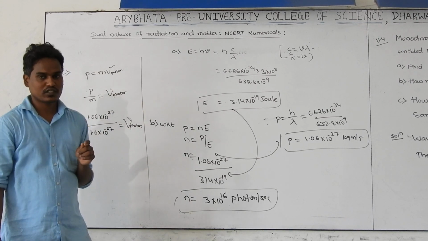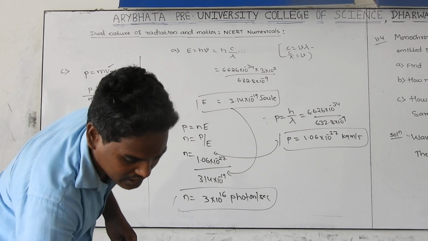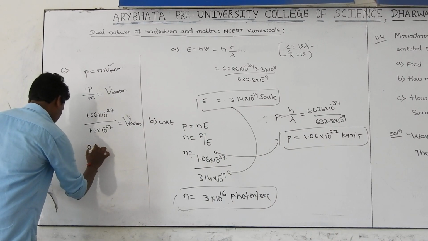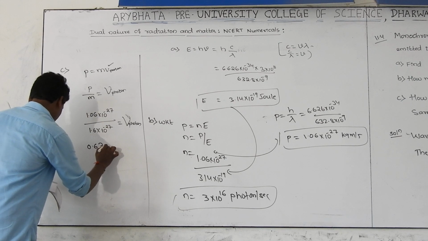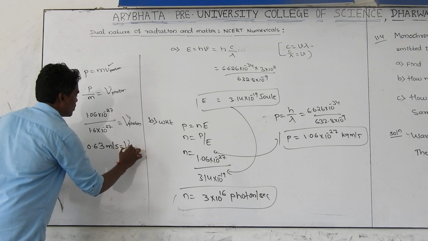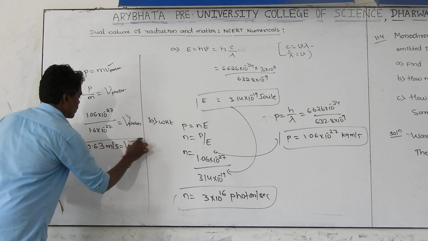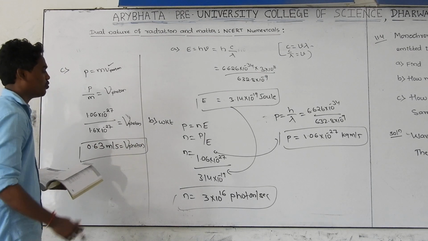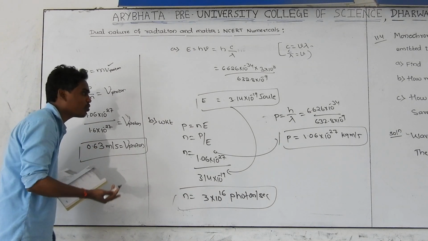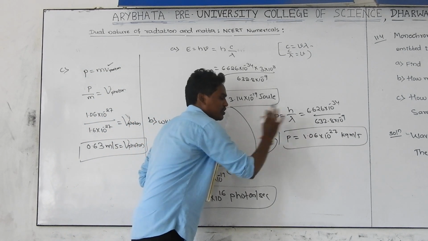Then if you find out this answer, we are getting 0.63 meter per second. That is the velocity of photon. Here the photon has to travel 0.63 meter per second in order to get the momentum equal to this much.